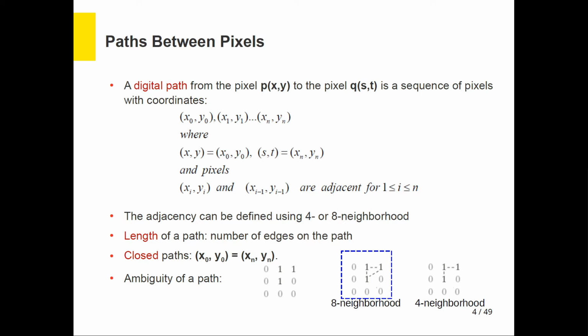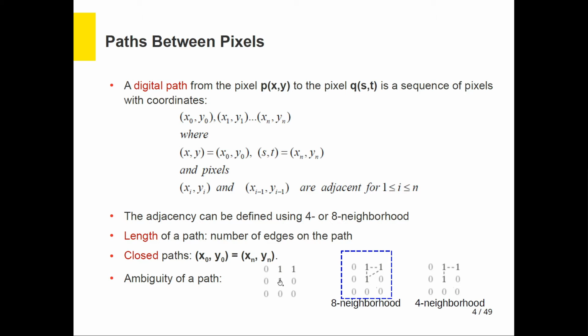The length of a path is defined as the number of edges on the path. You have to keep in mind that we are here counting the number of edges and not necessarily the spatial distance between the two pixels. For example here, let's say we have this pixel at the center and this pixel at the top right corner.